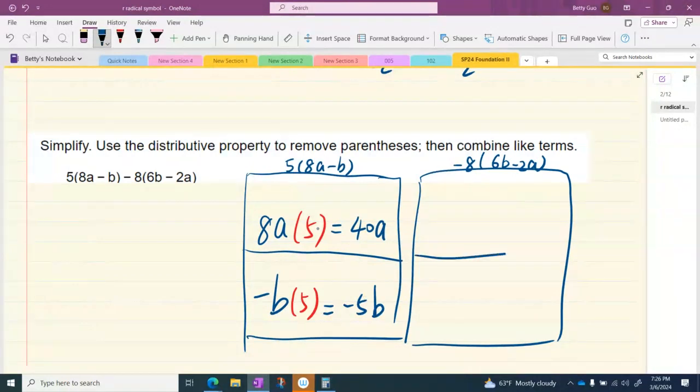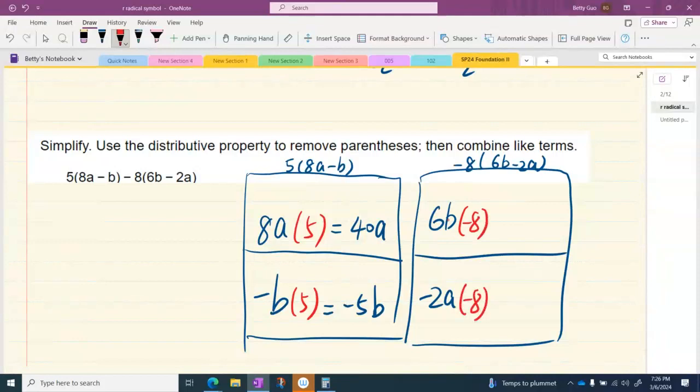And this part, we also have 2 terms in the parentheses. 6b is the first term, negative 2a is the second term. We are multiplying by negative 8. 6b times negative 8 is negative 48b.